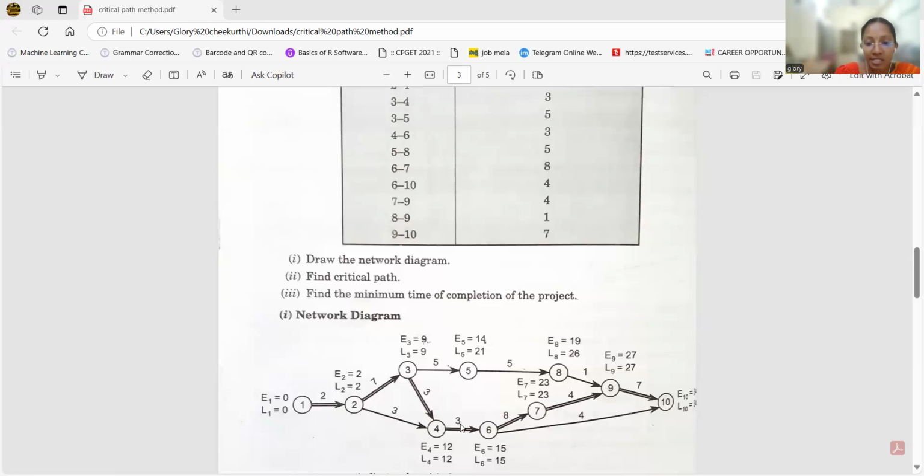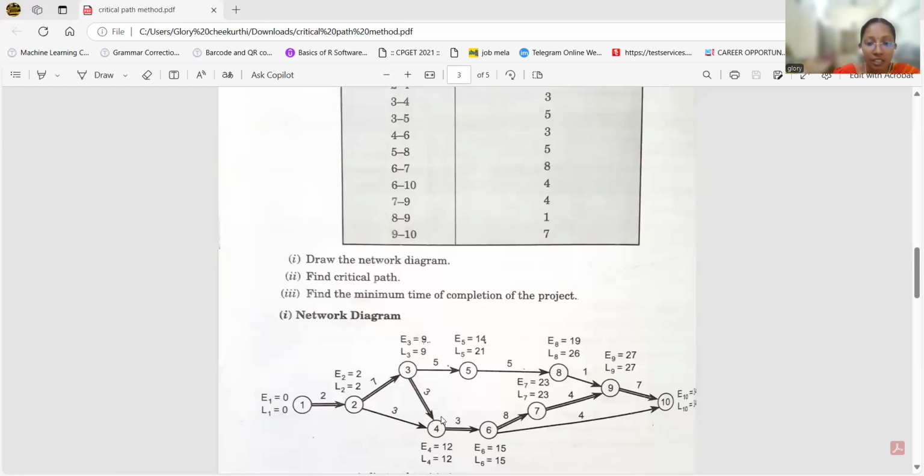Next, L4 coming for backwards. So L4 taken from L6 to L4. 15 minus 3, 12. L5. L5 means 26 minus 5, 21. So L3 means 21 minus 5, 9.